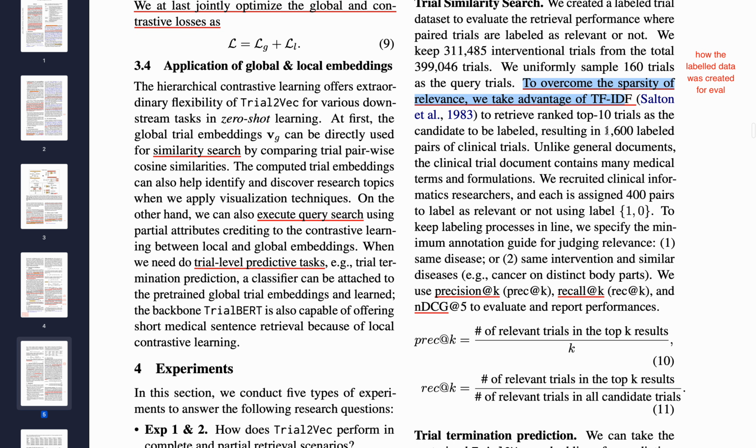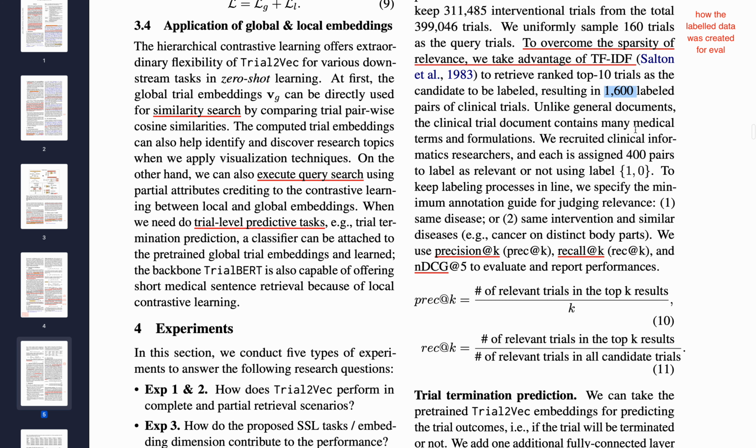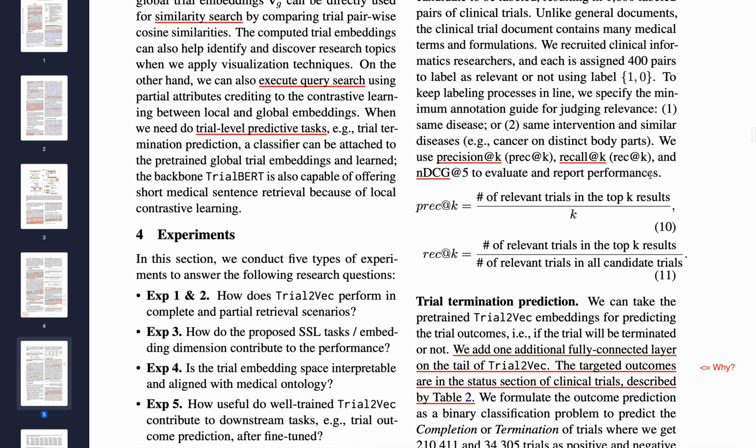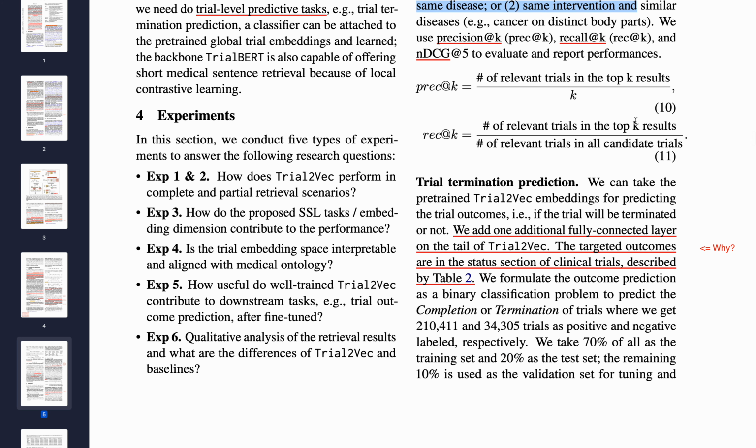That gives them 1600 labeled trials. And then there were 4 domain experts who looked at these pairs and ranked them as 0 or 1. 0 meaning the pair represents similar trials, 1 is not a similar trial. And they go into the methodology, how they define 0 and 1.